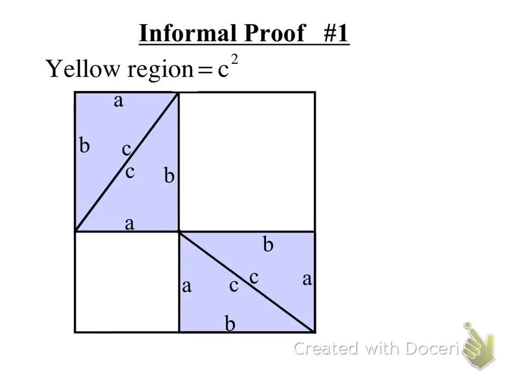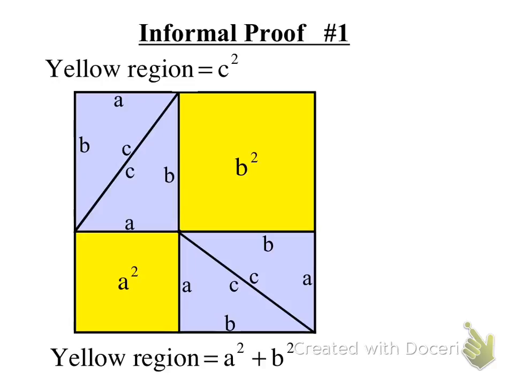B squared. Right? So, didn't we say that those other two areas made up the entire yellow area? But you said it was a squared and b squared. But what do we know about a squared and b squared? Yes, they do. So now we've just proven the Pythagorean theorem.